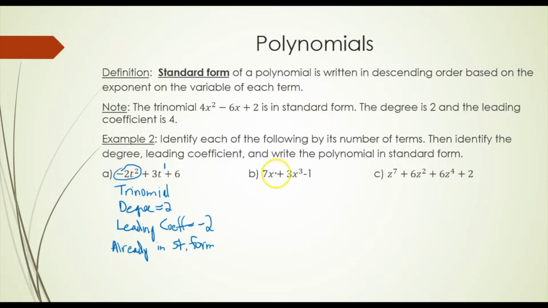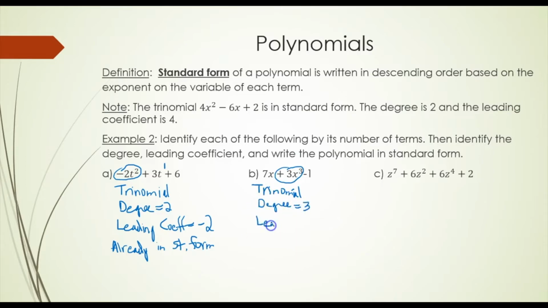Looking at part B, still 3 terms, still a trinomial. Look at the term of highest power. That's positive 3x cubed. The degree would be 3.